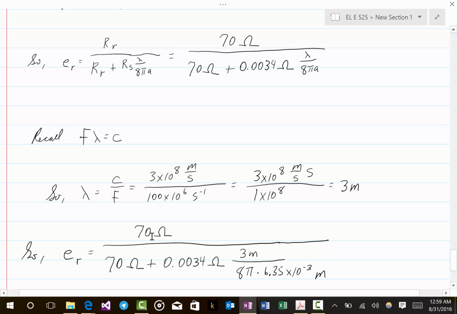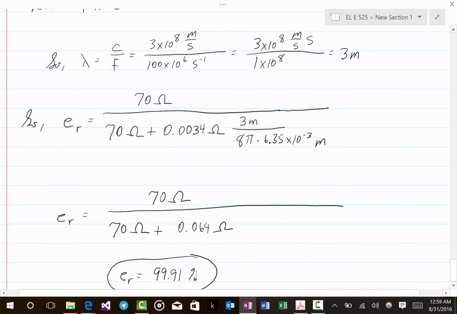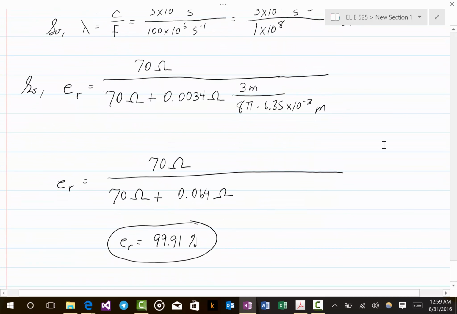So we have ohms in the denominator, ohms in the numerator. They will cancel, and we will get a dimensionless quantity, which is exactly what we expect for the efficiency. And doing the math, we get a final value of efficiency of 99.91%.